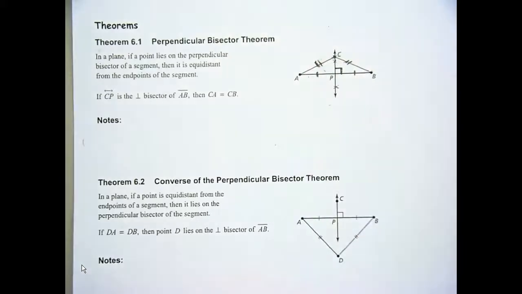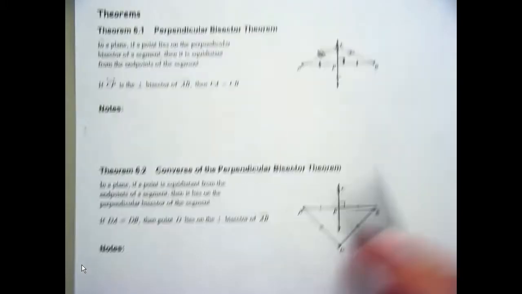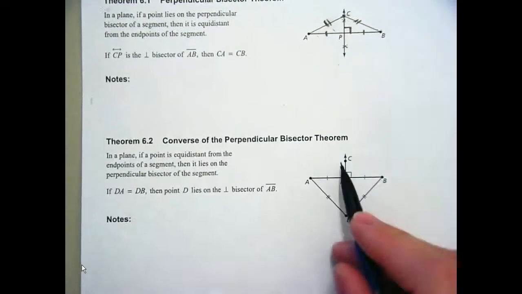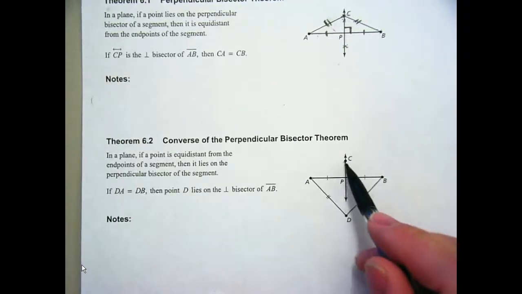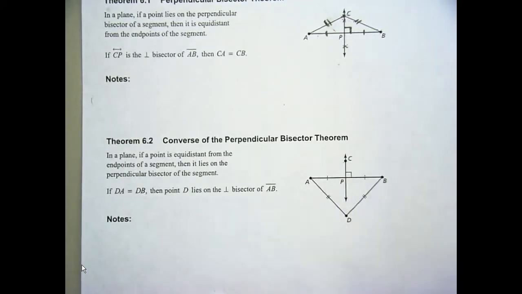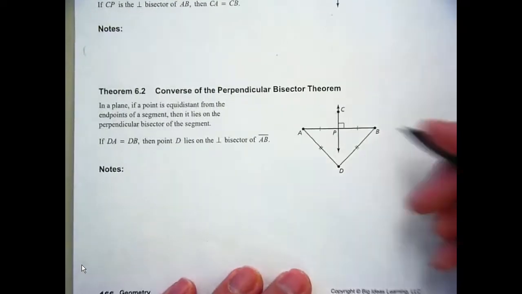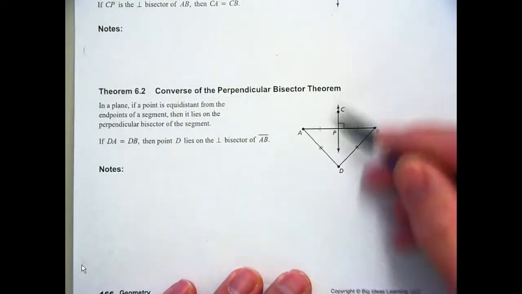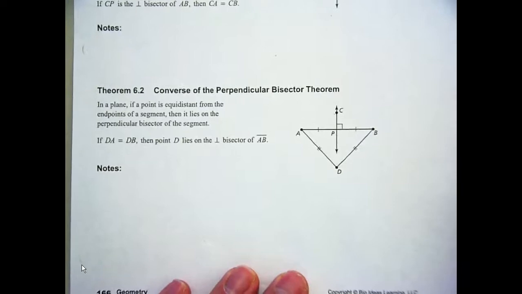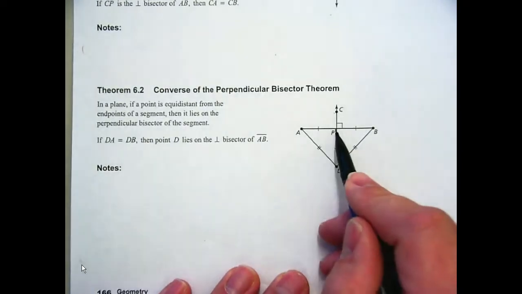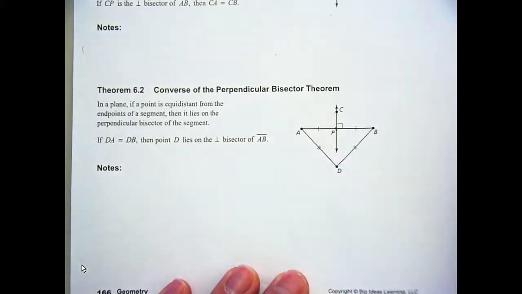Okay. Very good. And the converse says, hey, if a point is equidistant, then it lies on the perpendicular bisector. That means which point lies on this perpendicular bisector? Well, P does, for sure, because it's on there. What else? C. Well, it's on there as well.